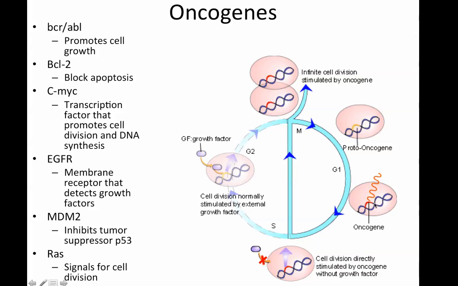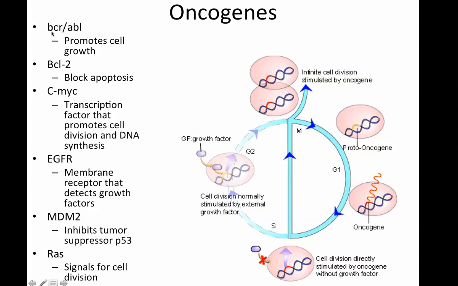Now that oncogene is going to drive this cell division, and it will keep driving it. And as it drives it, each daughter cell is going to have that same genetic mutation that the original cell had. And these cells, because the oncogene is driving cell division, no longer need input from a growth factor to divide.